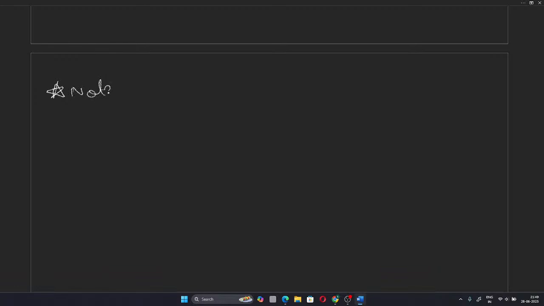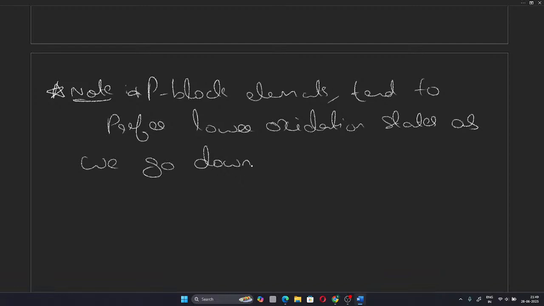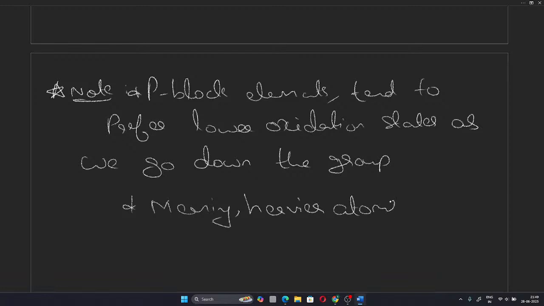Note: p block elements tend to prefer lower oxidation states as we go down the group, meaning heavier atoms prefer lower oxidation state.